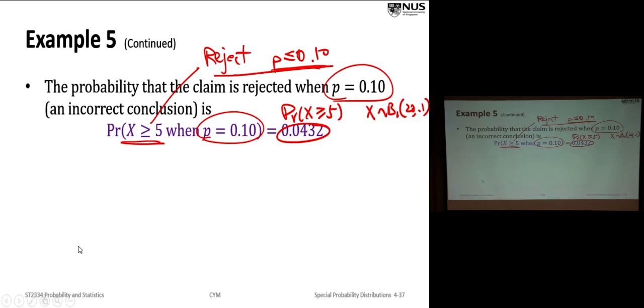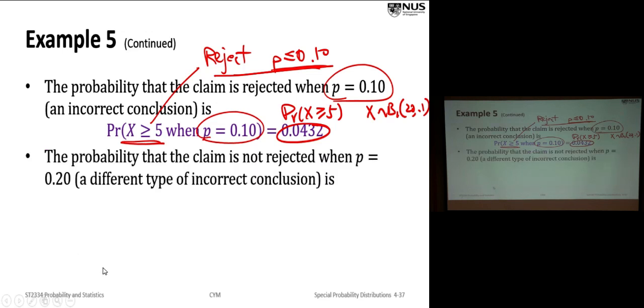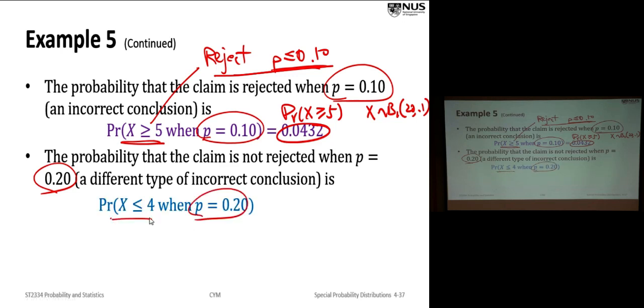But what happens if the probability of sent for repair is not 0.1, but in fact it's 0.2? All right? So, what's the chance that I make a mistake? When P is 0.2, I still believe P is 0.1. So that means I make a mistake.